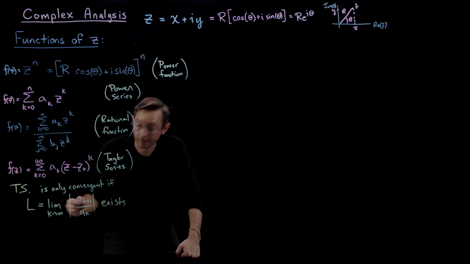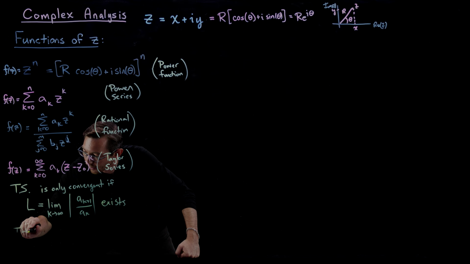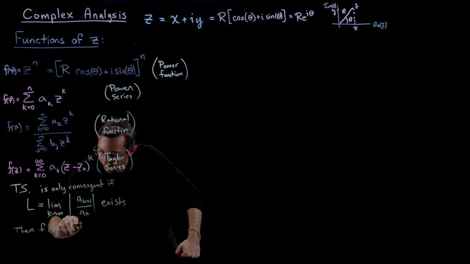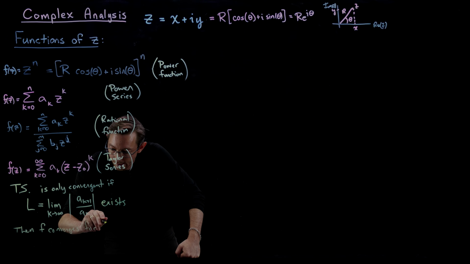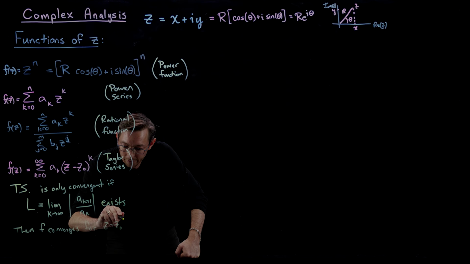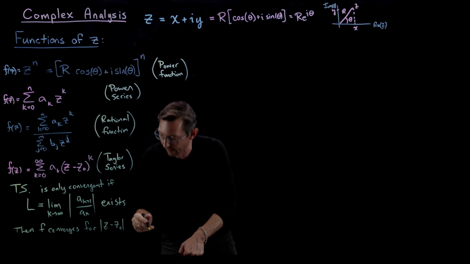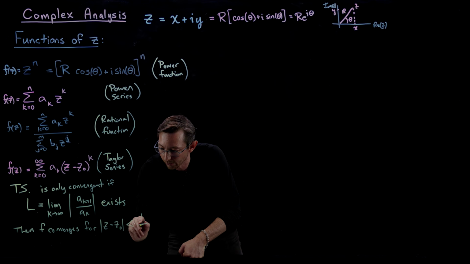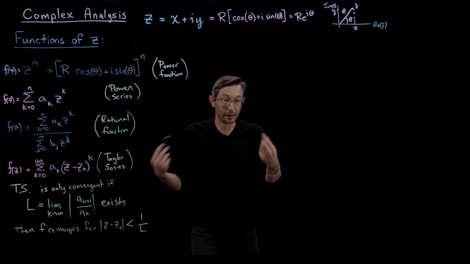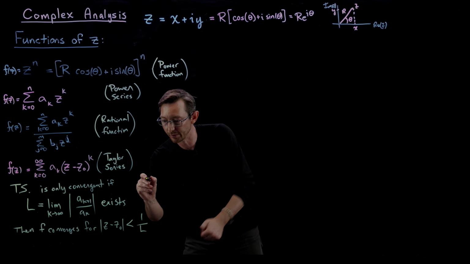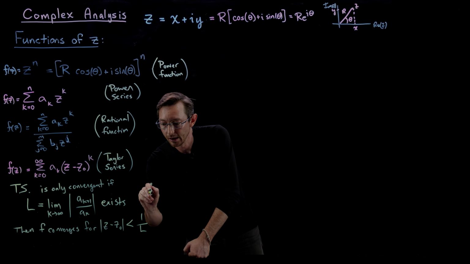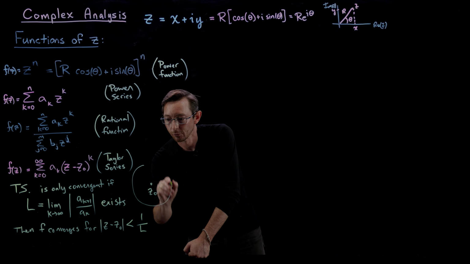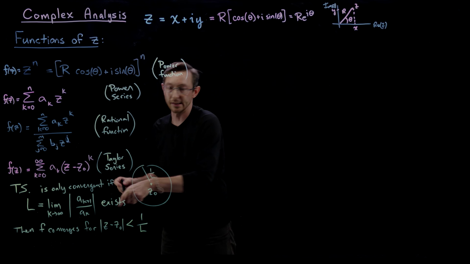And then we would say f converges for z minus z naught, for a radius around that z naught, less than 1 over L. This is the radius of convergence. So essentially there would be some z naught, and there's some radius here, which is 1 over L, where L is this limit.